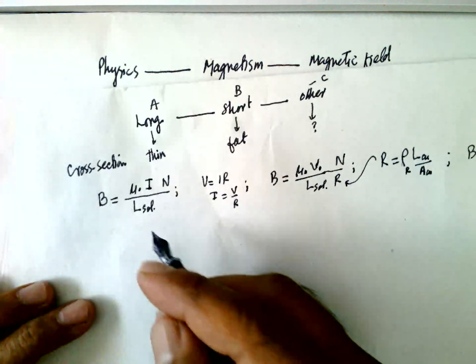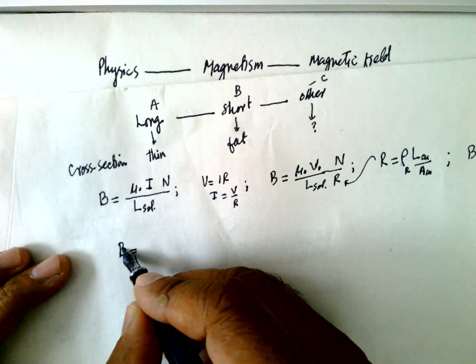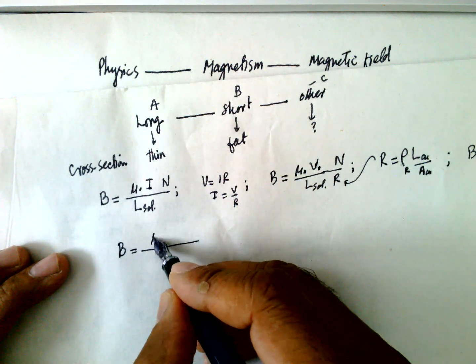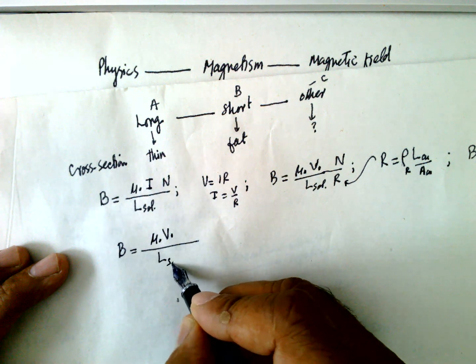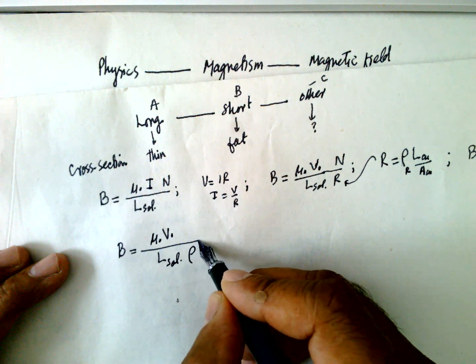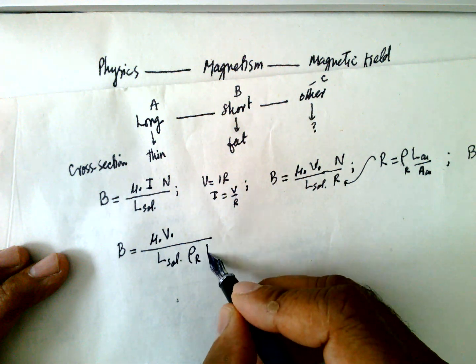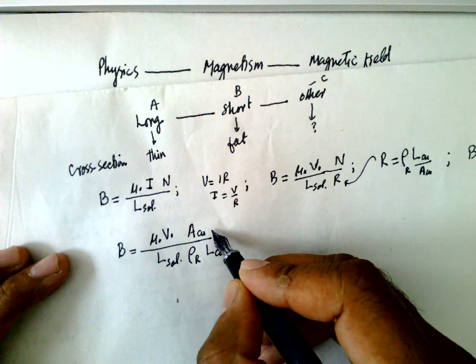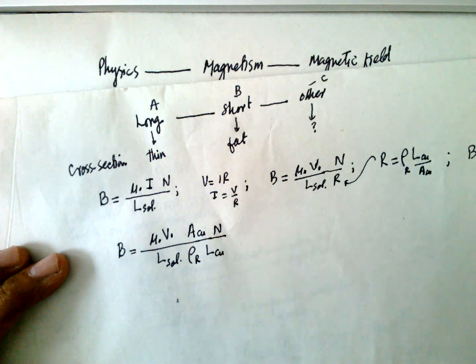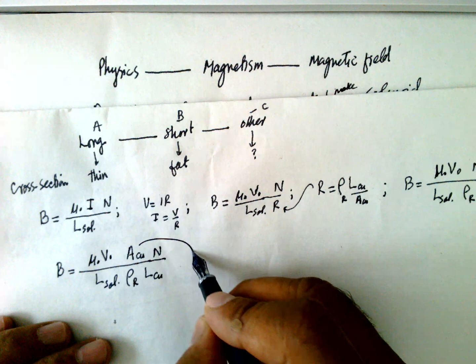So the magnetic field strength is permeability times V naught, over L solenoid, resistivity, and L copper over the area of the copper, times N.